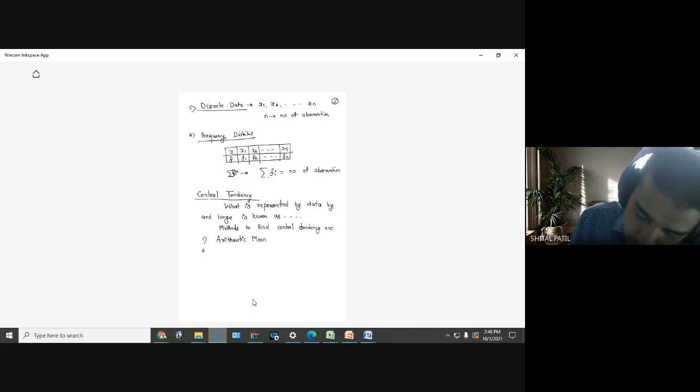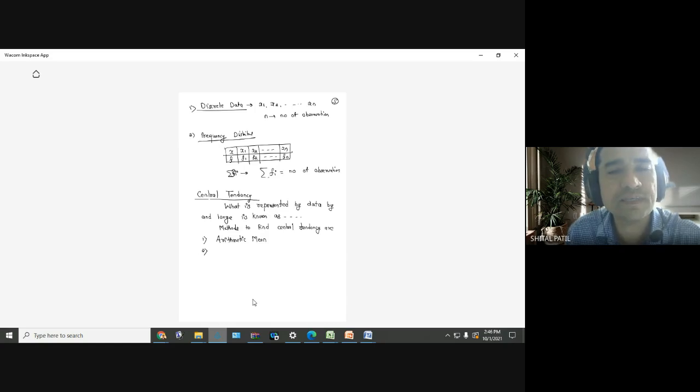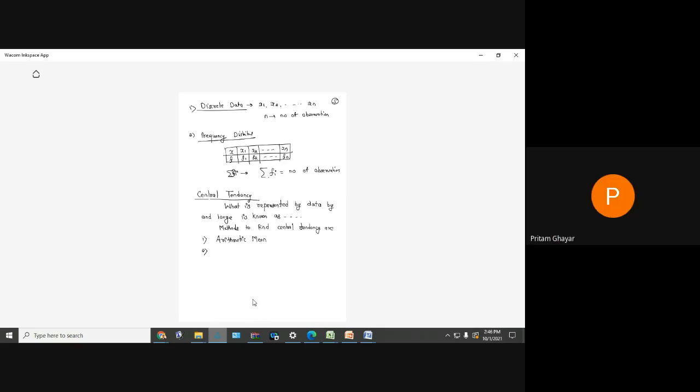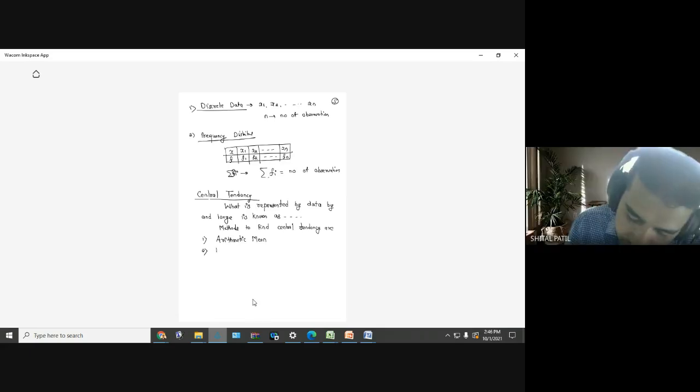Okay. Anyone know what are the different ways to find the central tendency? Yes. Anyone? Any other way? Any other method known to you? You might have studied it somewhere in the stat. Median. Very good. Next.